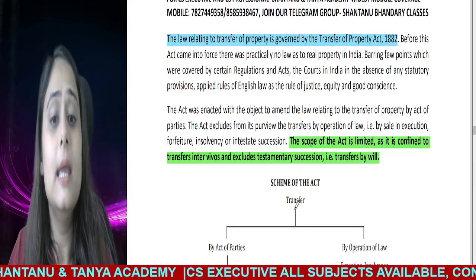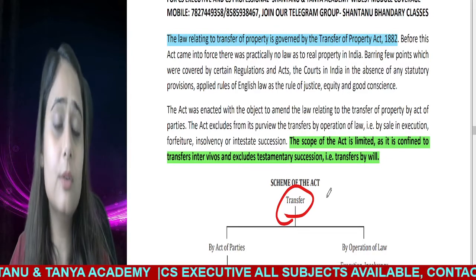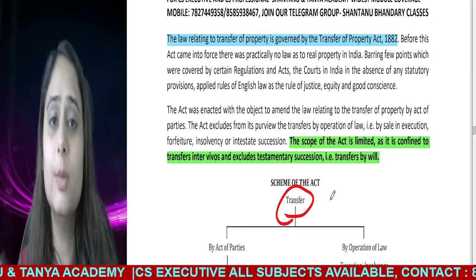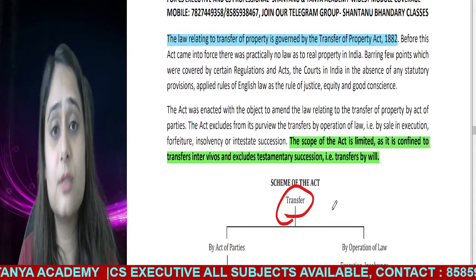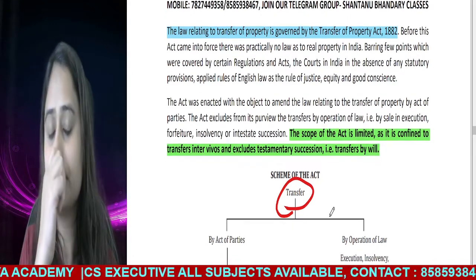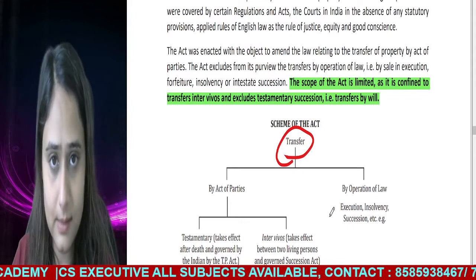That means, when we talk about transfer of property, property we understood is either movable or immovable. Now what about transfer? Transfer has also been bifurcated: transfer can take place by the act of parties, right?